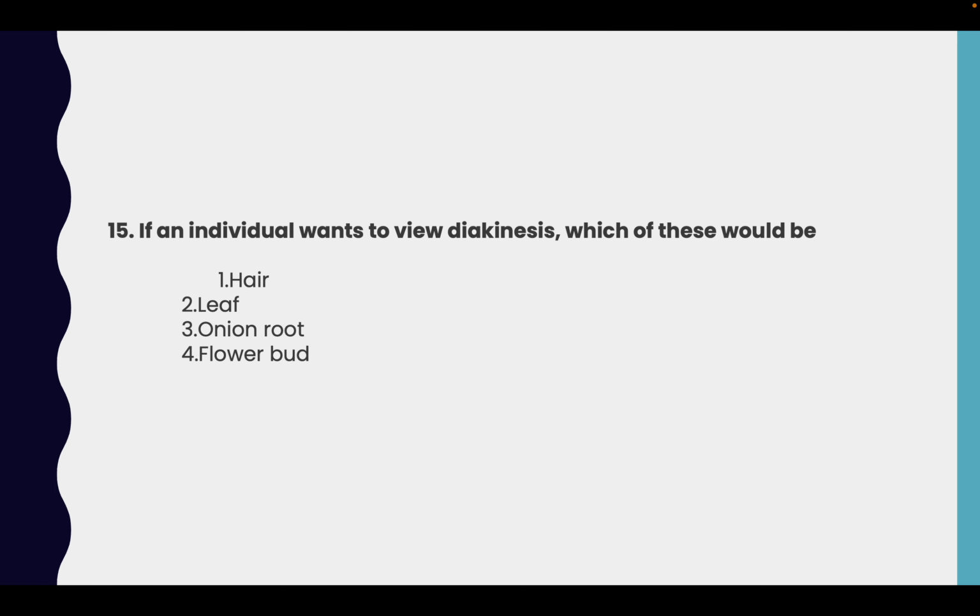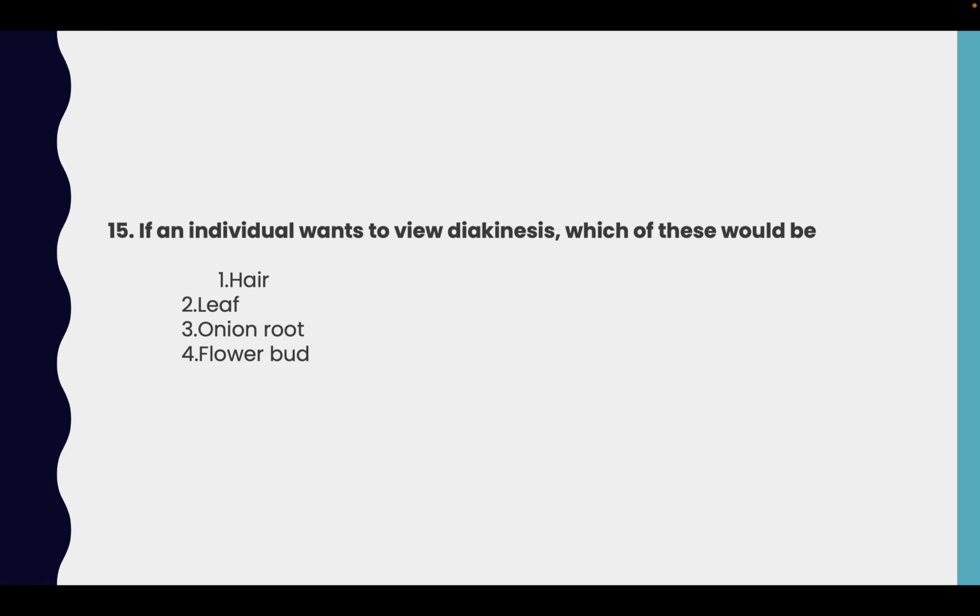Is it hair, leaf, onion root, or flower bud? For meiosis, I think flower bud, and for mitosis, onion root. Yes, now you are saying correct. Because reproductive organs are found in the flower bud. Correct.